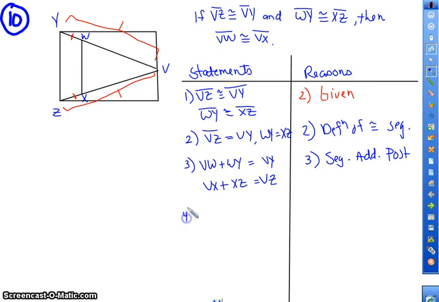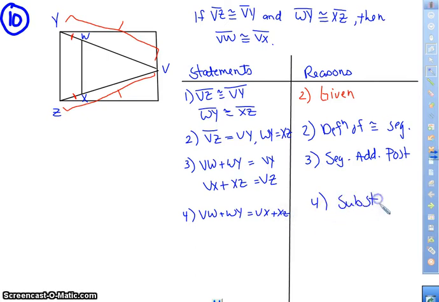For my next step, okay, I know that VY and VZ are congruent. Okay, so because I know they are congruent, I'm going to go ahead and set these two equal to each other using the substitution property. So I have VW plus WY equals VX plus XZ, and that's my substitution property.